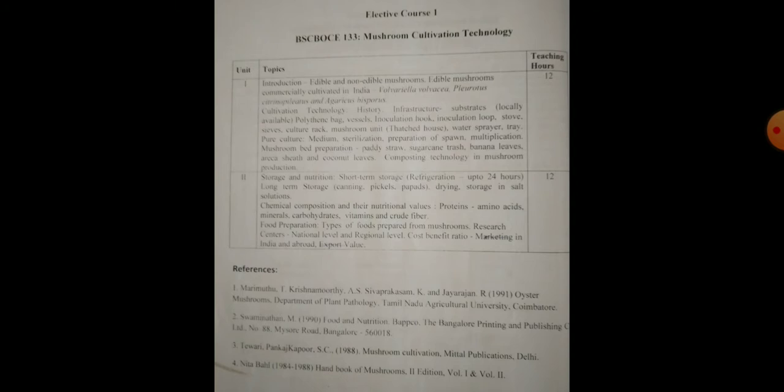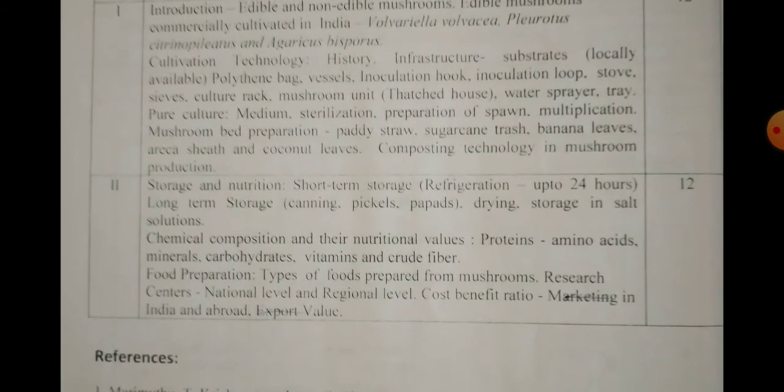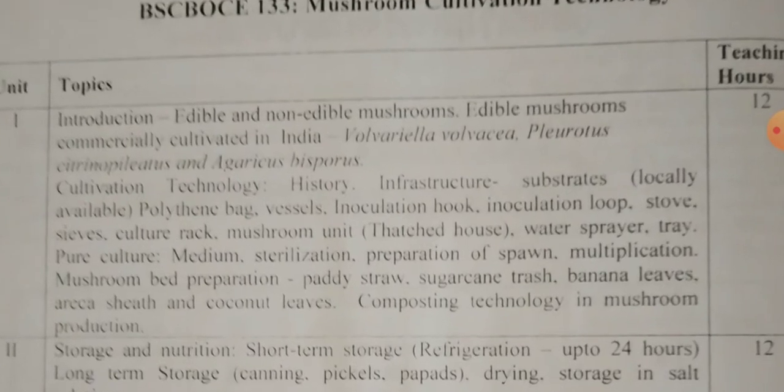This is a total of 2 units and a total of 24 hours. So the first unit is the introduction. In this chapter you will study the introduction, types of mushrooms, that is edible and non-edible mushrooms. All of you know the mushroom is nothing but the macro fungi. They belong to the group basidiomycetes.